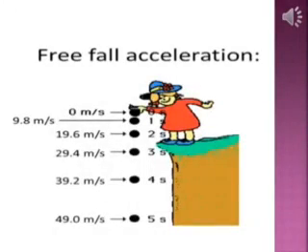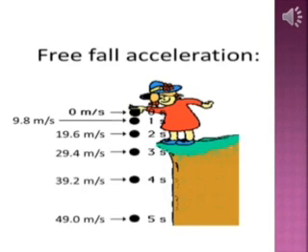See this slide. What can you understand? Here a ball is allowed to fall freely. Initially it has zero velocity. At the end of the first second, it has a velocity equal to 9.8 meter per second. At the end of the second second, it has a velocity equal to 19.6 meter per second.